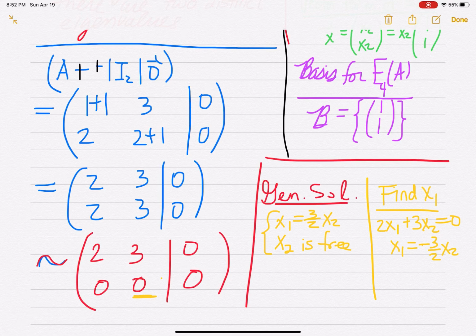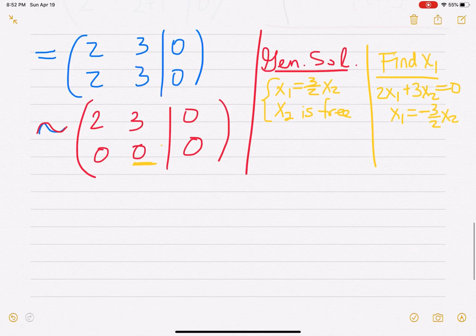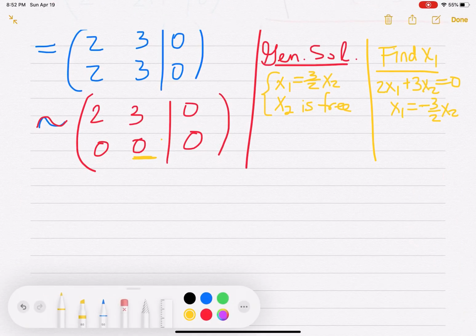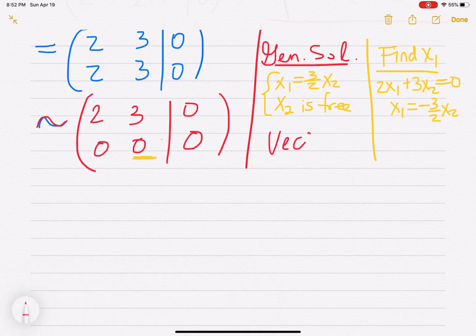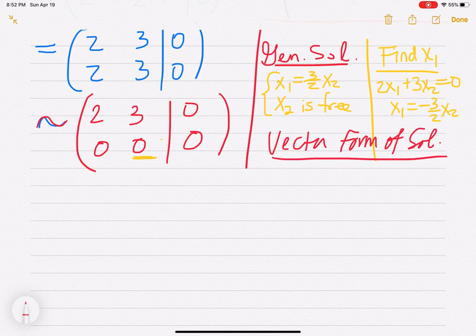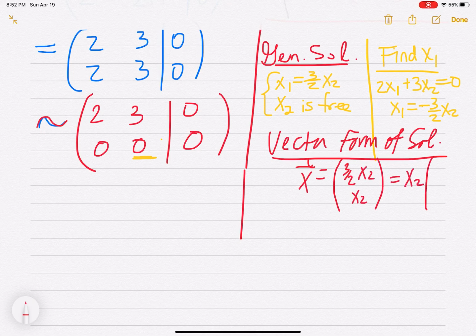So when you're looking at your general solution in vector form, the solution vector will look like negative 3/2 x2, x2. You can factor out an x2, and you're going to have negative 3/2, 1.